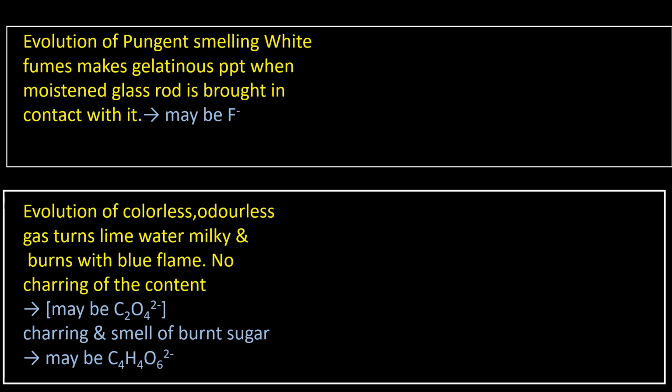You are warming, heating, then you will get the pungent smelling white fumes, and not only white fumes, you'll get some water droplets at the walls of the test tube also. And when you hold a moistened glass rod, that means a glass rod dipped in water, over the vapor, then you will get this gelatinous precipitate or white crust. Then it may be fluoride.